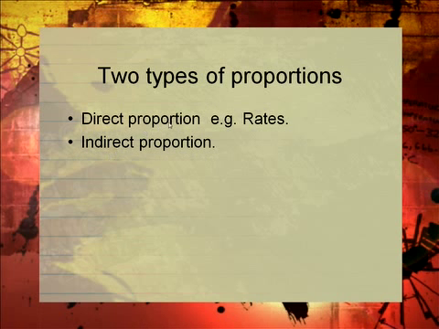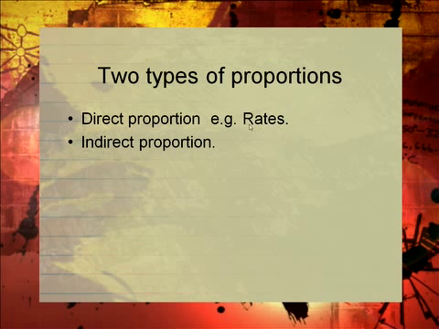Indirect, one increases, the other one decreases. But it doesn't mean that whenever one increases and the other decreases, we talk of indirect proportion. With indirect proportions, when you multiply the columns, you get the same number. However, I will talk about these two later.